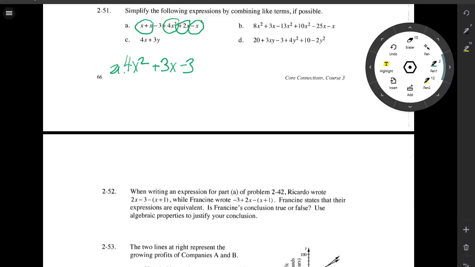So again, you always want to find the highest ordered term. It's 8 and that's 10. That's 18x squared. 18 minus 13x squared should be 5x squared.